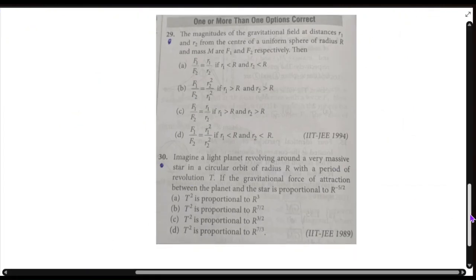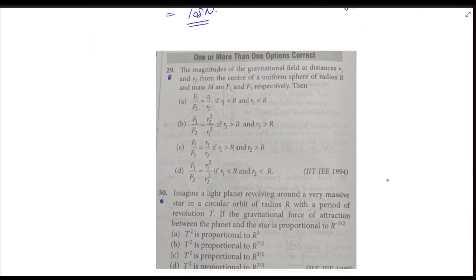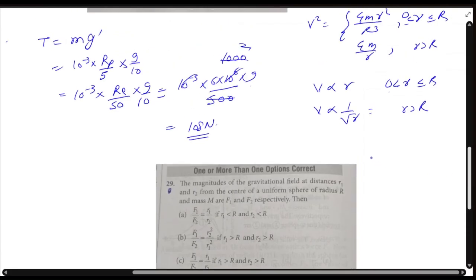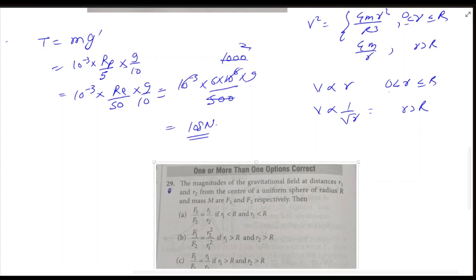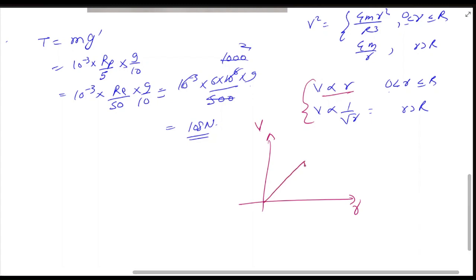There were two more options, I think. So the graph of this will be: first it will increase from 0 and then it will decrease, something like this, right?